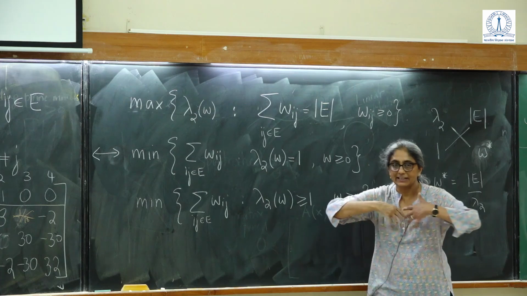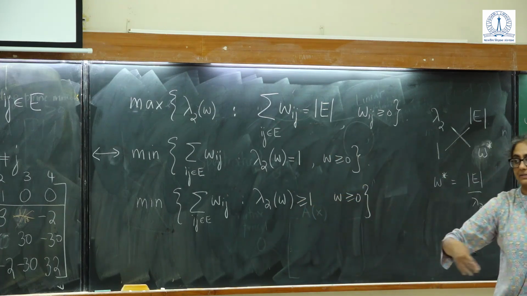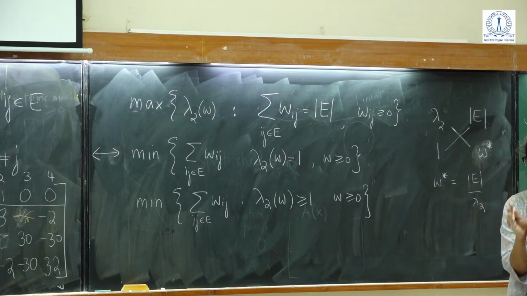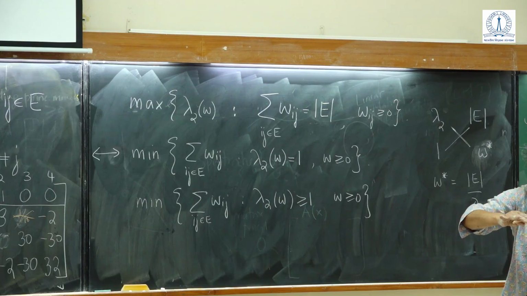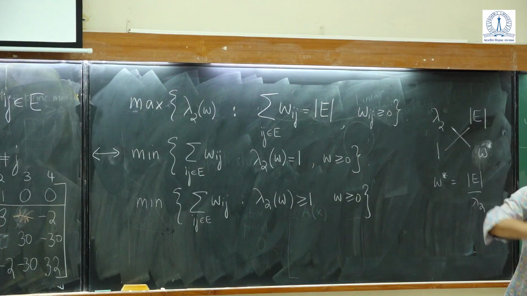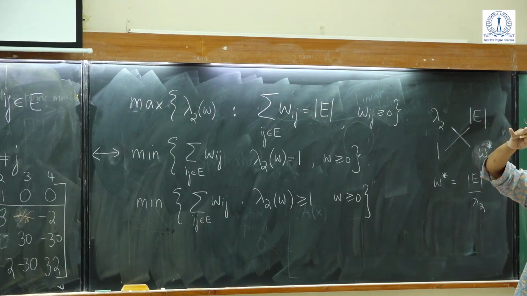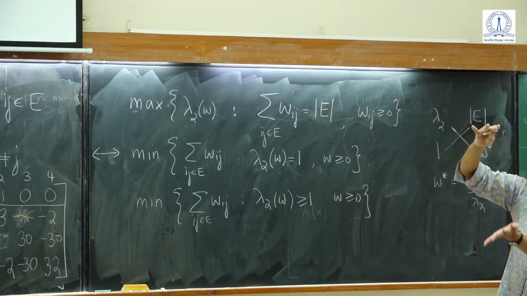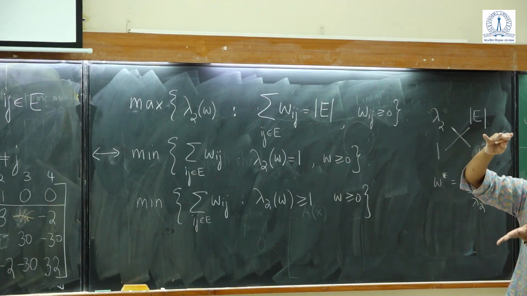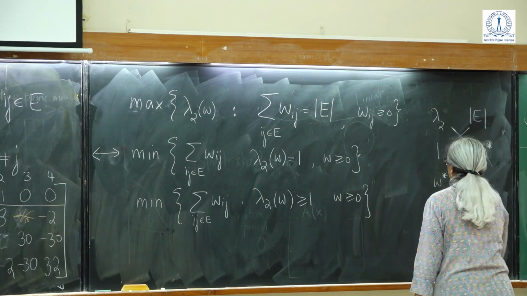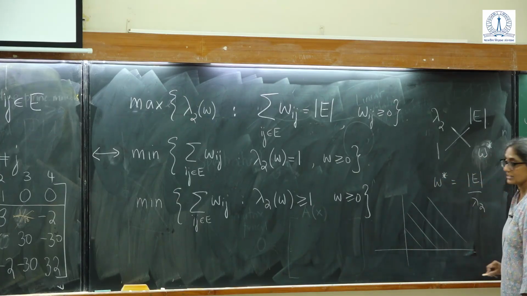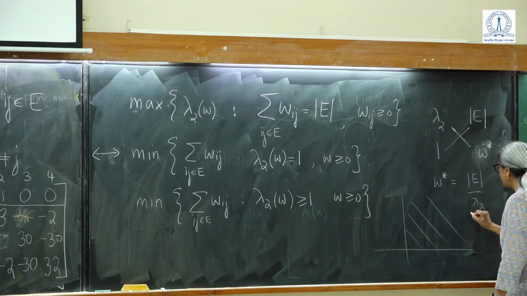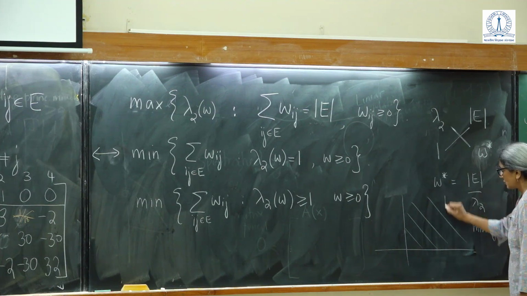What have I done? I have increased the size of my feasible region. I'm saying lambda 2 can be greater or equal to 1 instead of equal to 1, and I'm minimizing weights. Now, if I minimize weights, the optimal solution is going to be when lambda 2 is 1, because we are making the gap as big as possible. There's no way that the optimal solution will choose something where lambda 2 is bigger than 1. So, for example, say my region of optimization is this, and I'm minimizing y, so I'm trying to go down.